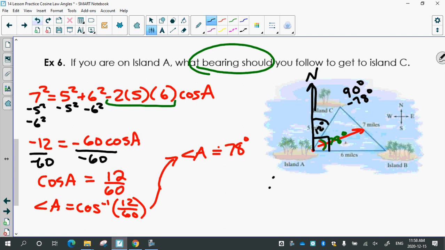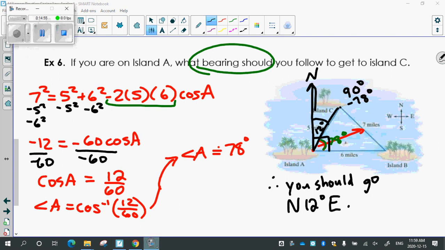So you should go north 12 degrees towards the east. And if you go north 12 degrees towards the east, you'll be going in this direction toward Island C. Perfect. Okay, awesome.